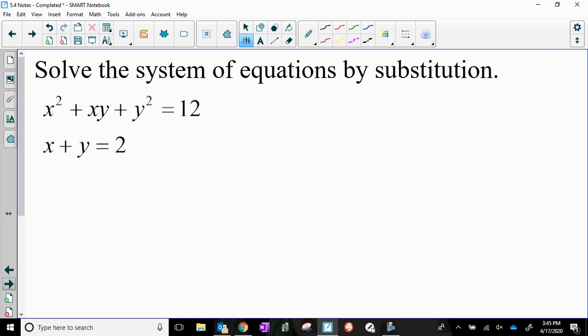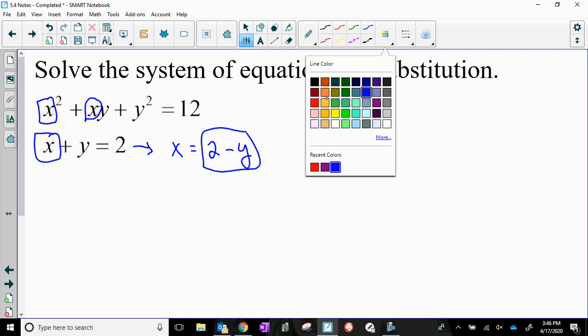I don't see anything that's the same in these equations, so I've got to rely on the good old-fashioned get one variable by itself. I can get x by itself, or I can get y by itself. I'll choose to get x by itself in the first equation, so I would just subtract y. And then every place I see an x in the first equation, I'm going to replace it with this 2 minus y.